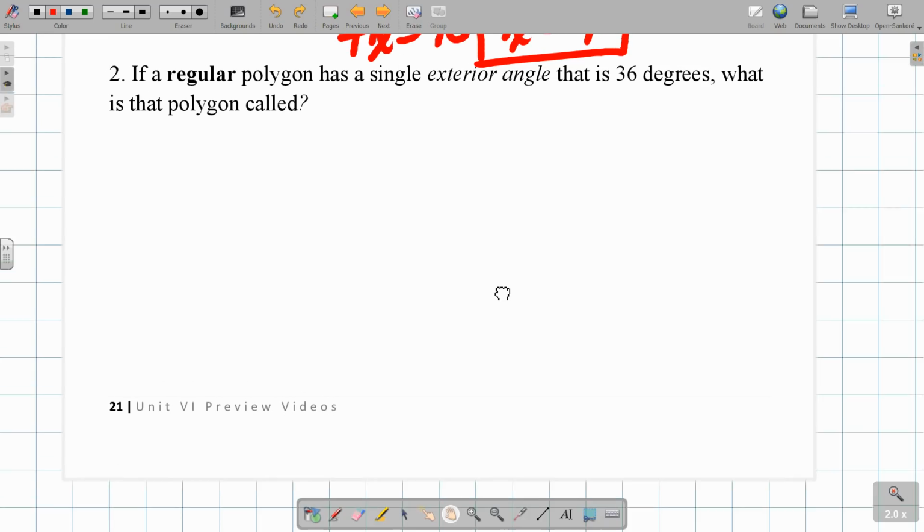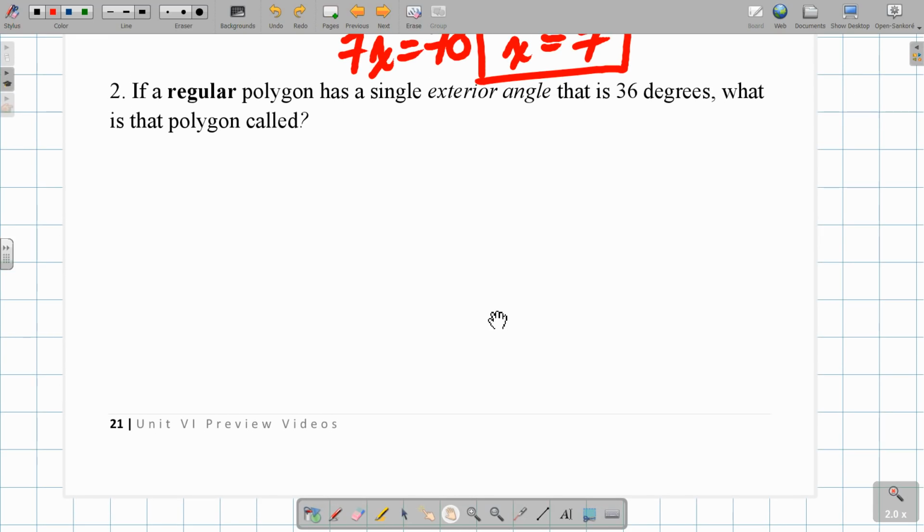This one is a regular polygon that has a single exterior angle that is 36 degrees. What is that polygon called? The fact that it's poly means we don't know our n. It's exterior, and it's 1 over n.